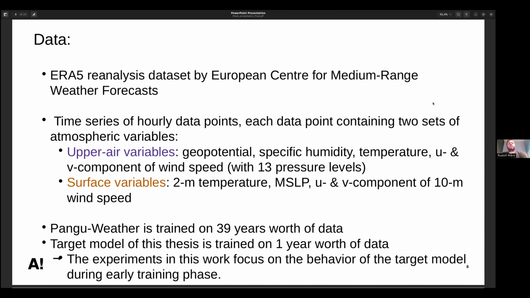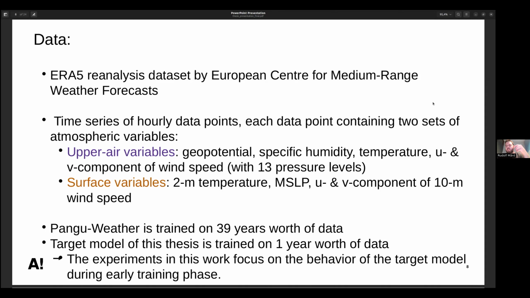The ERA5 is a time series of hourly data points, and each data point actually contains two sets of atmospheric variables, the upper air variables and surface variables. The upper air variables include 5 different variables: geopotential, specific humidity, temperature, and the U and V components of wind speed, and it spans 13 pressure levels and also the longitude-latitude grid.